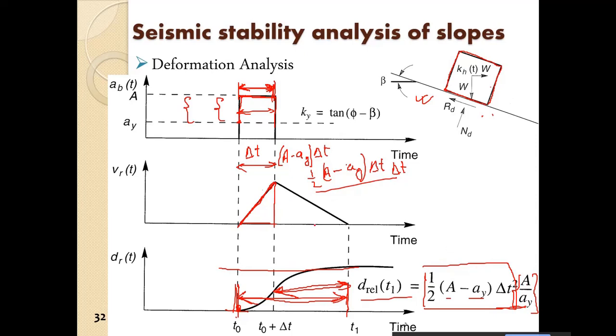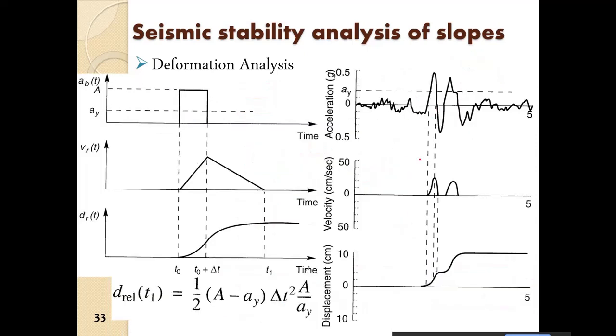This concept is easy, but similarly for each time step we have to sum up. So here ultimately we find out the area. This is the velocity increment, and then this is the gradual stoppage of the sliding block.